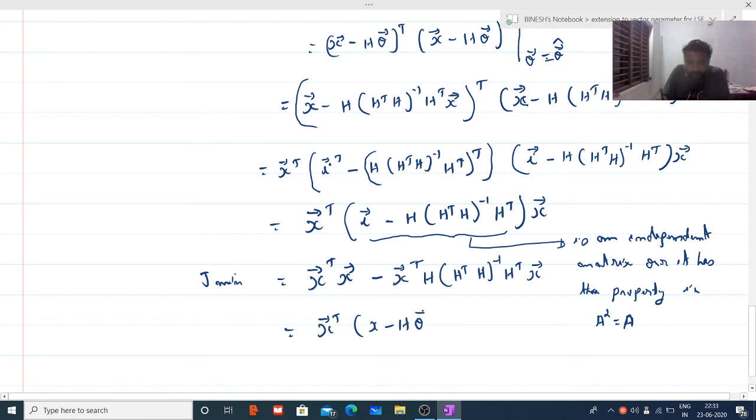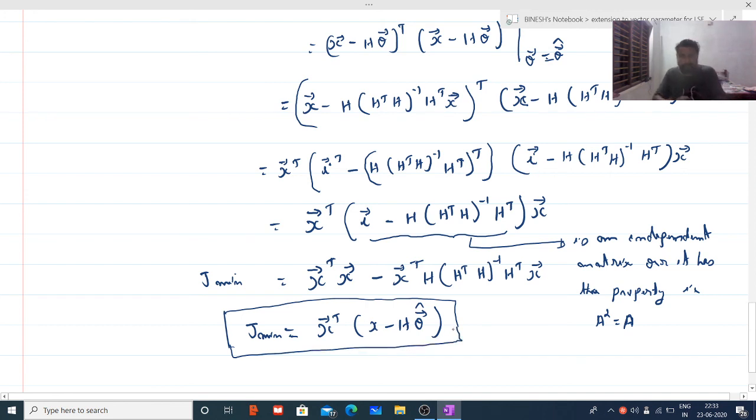H minus H into vector theta cap. So this is the equation for the minimum least square estimate, okay. J minimum is nothing but X minus X transpose into X minus H of theta cap, okay.